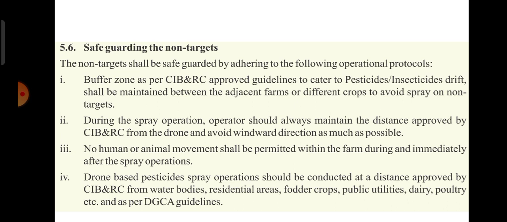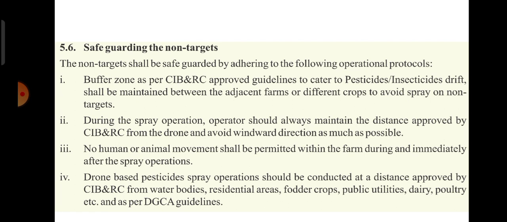Safeguarding the non-targets. Non-targets means if we are targeting the particular cropped area, the adjacent area of that will be non-target. Buffer zone as per CIB and RC approved guidelines to cater the pesticide insecticide drift shall be maintained between the adjacent farms or different crops to avoid spray on non-targets.